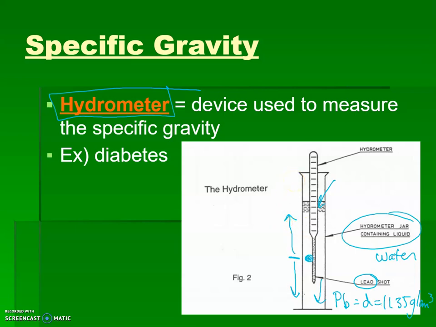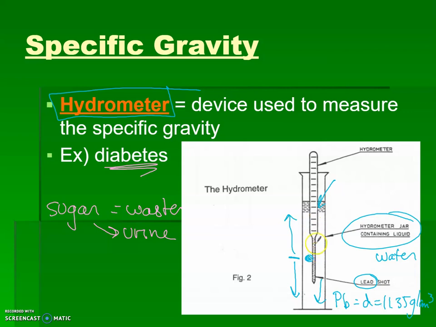And this is used sometimes as a quick little reference test for diabetes. Diabetes is the inability to make insulin to process body sugar. So sugar is a waste product, and since sugar is water soluble, it comes out in urine.